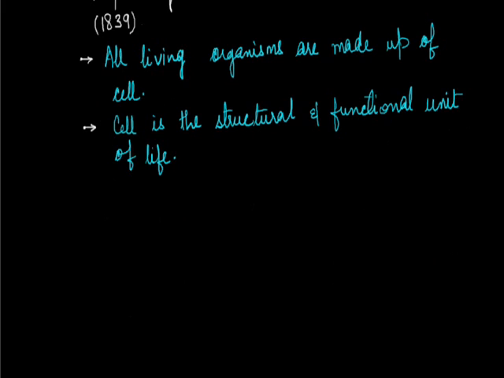Later on, this theory was expanded by another scientist, Rudolf Virchow, who added one more statement to this theory, that all these cells arise from the pre-existing cell.